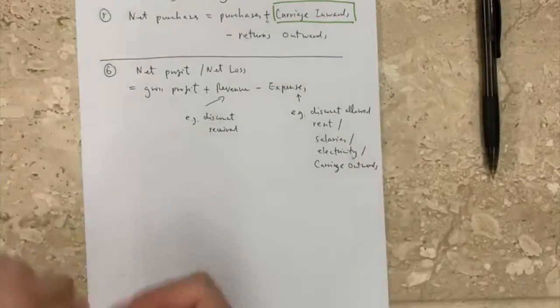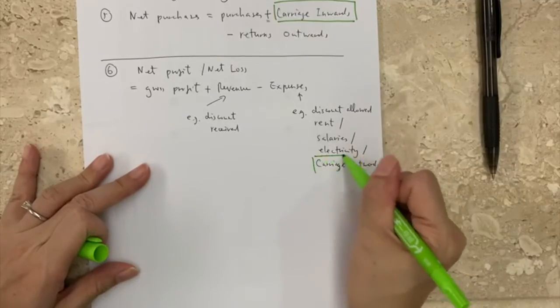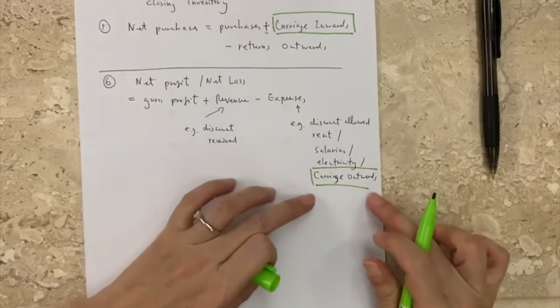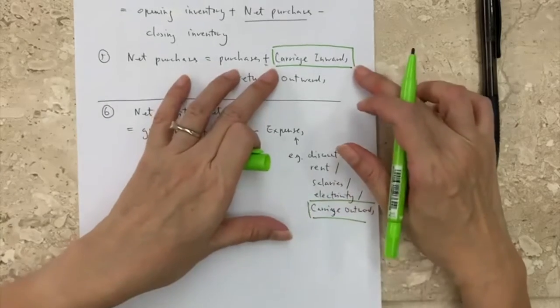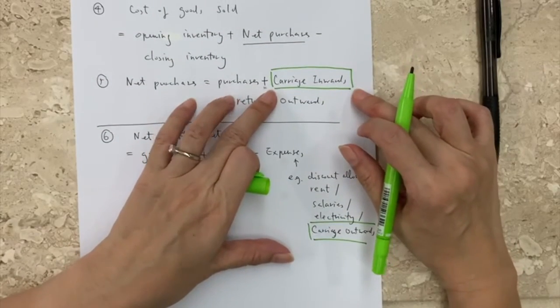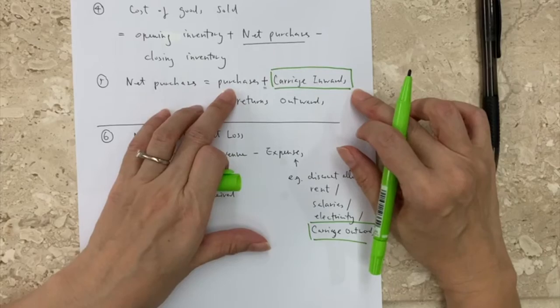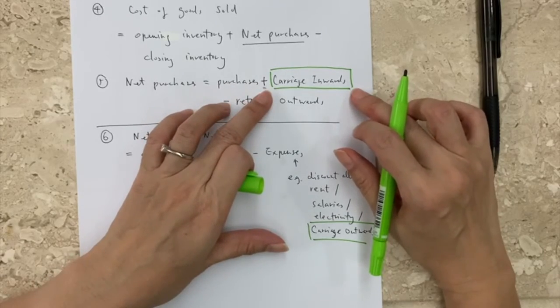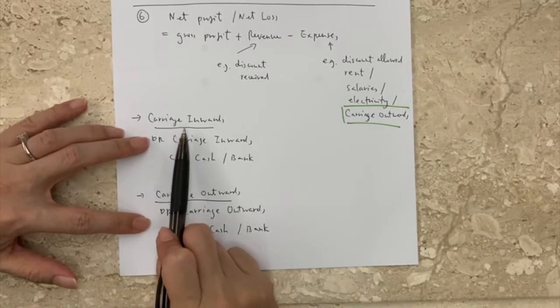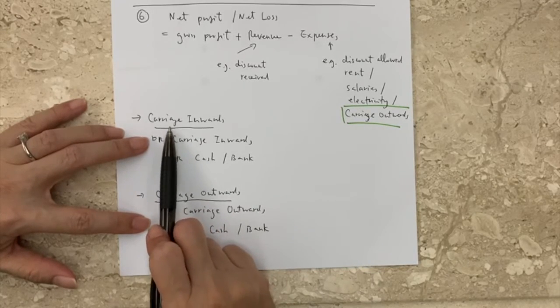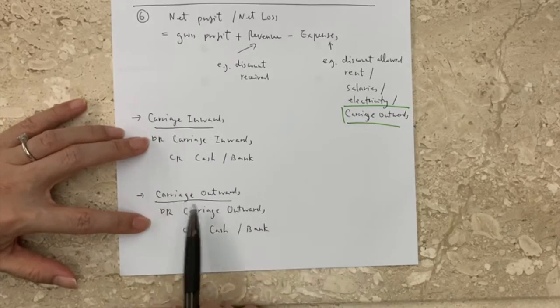Okay, so there are two things. Carriage outwards will be a kind of expense in the profit and loss account. However, carriage inwards will be the item increasing cost of goods sold, and we put this in the trading account. Okay, so we have two new items here. One is carriage inwards, one is carriage outwards.